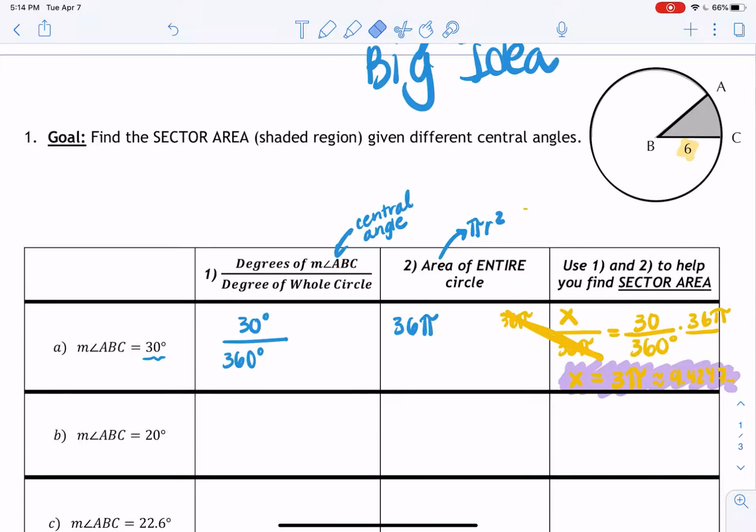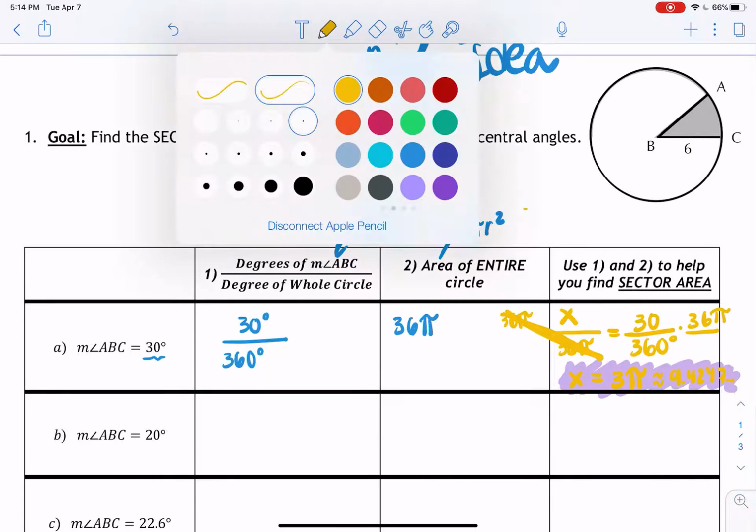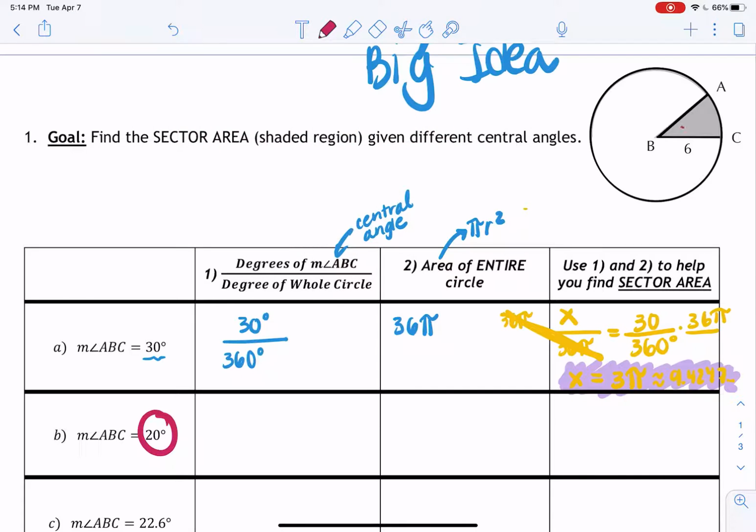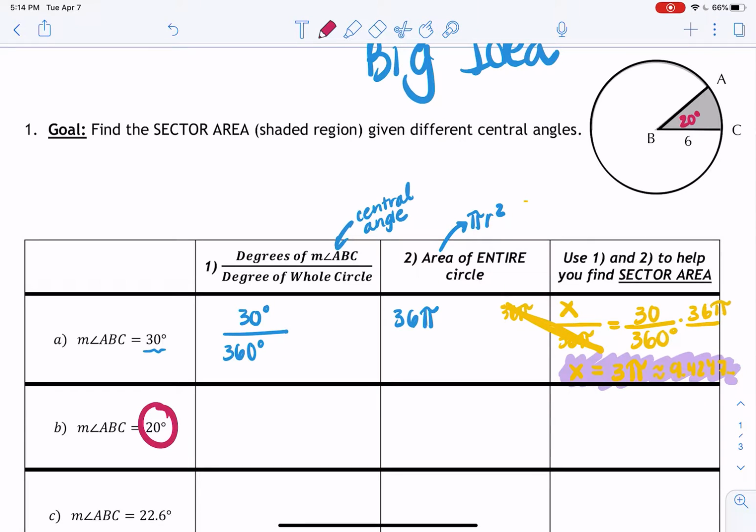What if that was not 30? What if it was 20 degrees here? We're going to basically do the same thing. So I encourage you to pause the video and try this one out on your own, and then watch mine to confirm. Central angle divided by total degrees. Total area is still 36 pi. Set up our ratio.